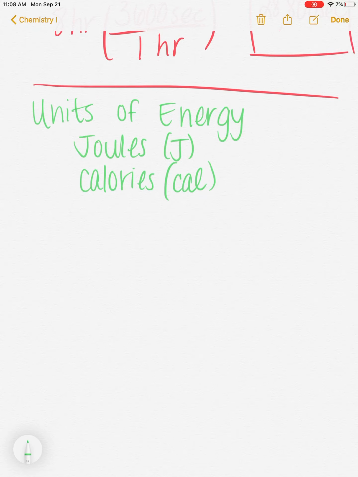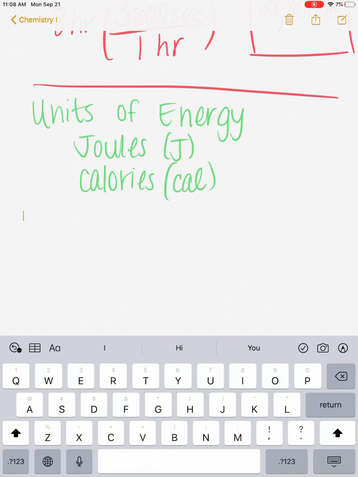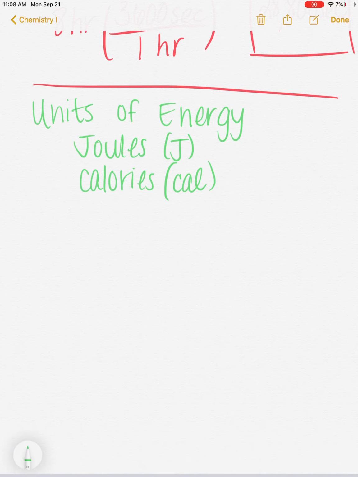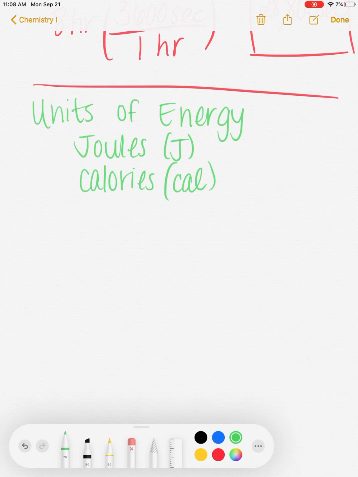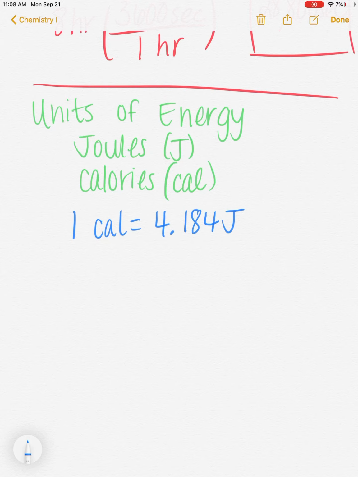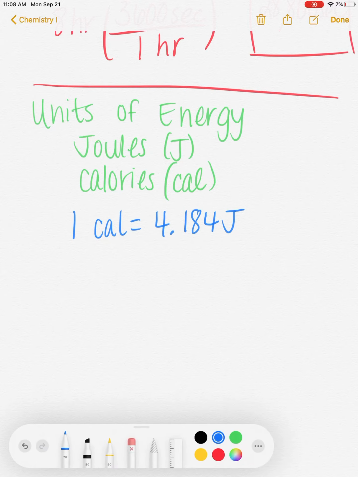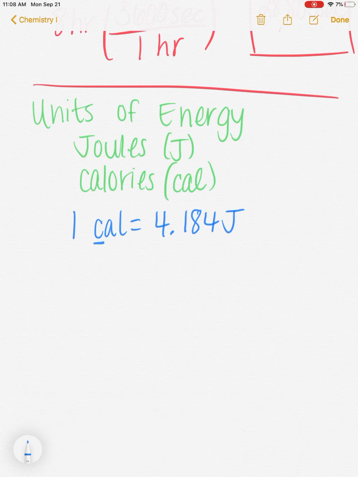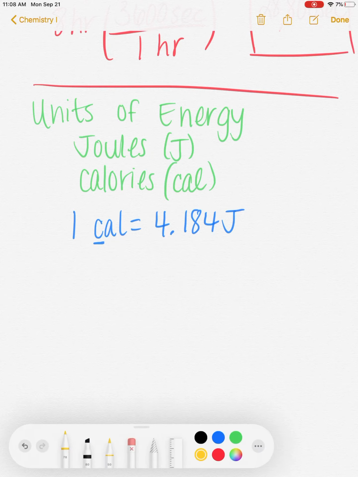Typically, joules are used for fuels, like gasoline, diesel, batteries, whereas calories are used for foods. And we were already given the conversion that 1 calorie is the same thing as 4.184 joules.